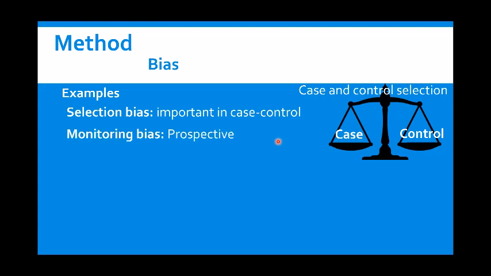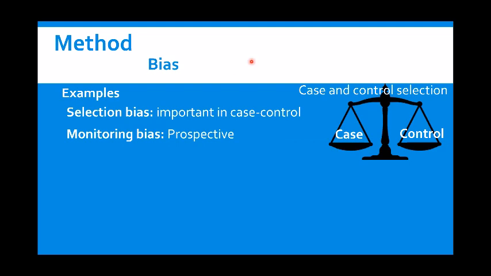The bias can be monitoring bias. For example, when we talked about prospective studies, we said that there is a risk and there is a disease, and the investigators start before the risk causes the disease, and the researcher will monitor. When you monitor, you have tools, data, or items to monitor, like vital signs, pictures, or labs.